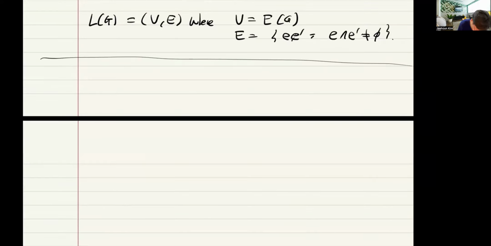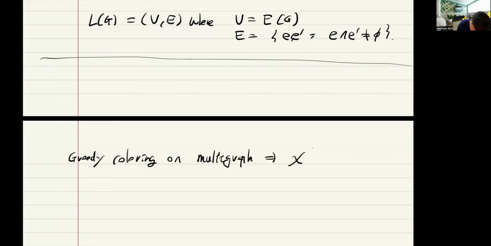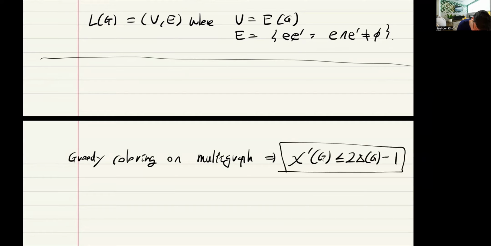Okay, so if you apply the greedy coloring algorithm on, say, a multigraph, then what do we get? We easily get this inequality. Why?